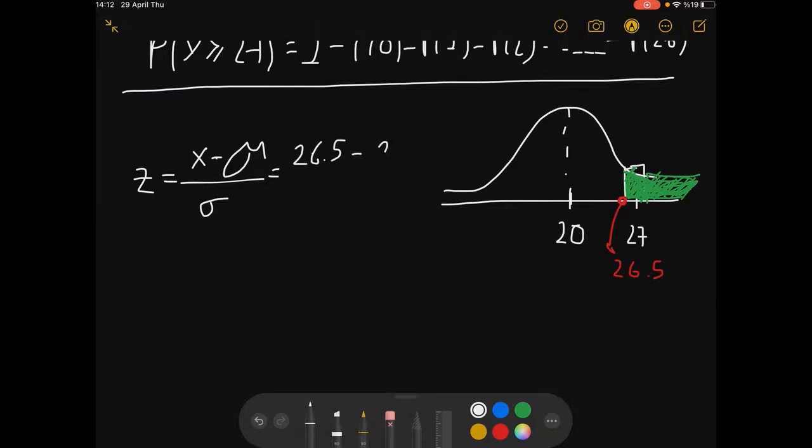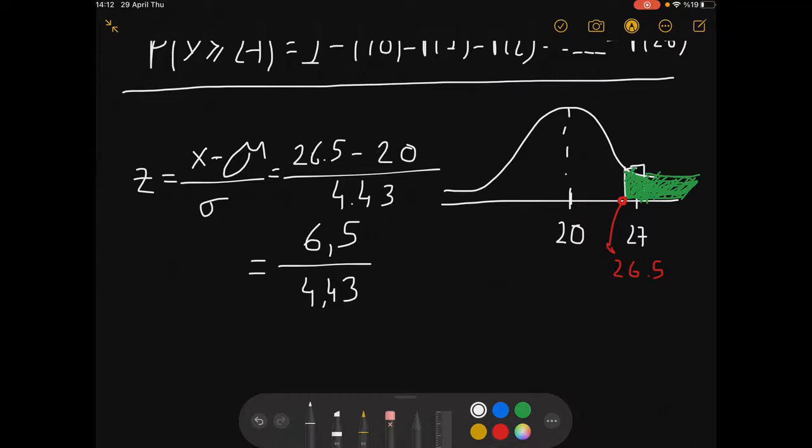26.5 minus 20, your population average, over your population standard deviation would give you this one, and the result would be 1.47. All right.